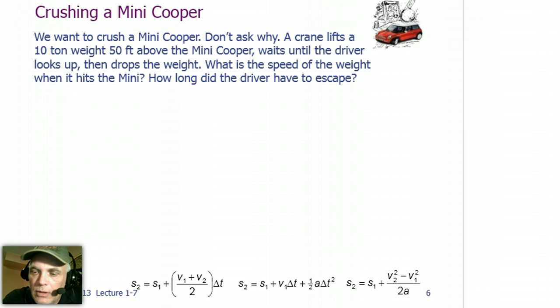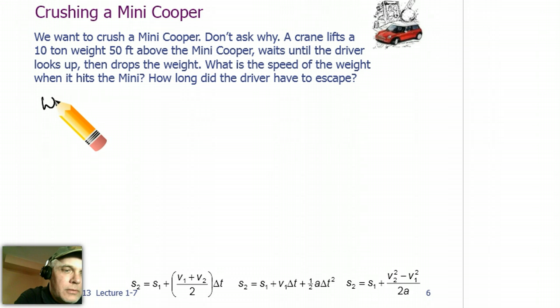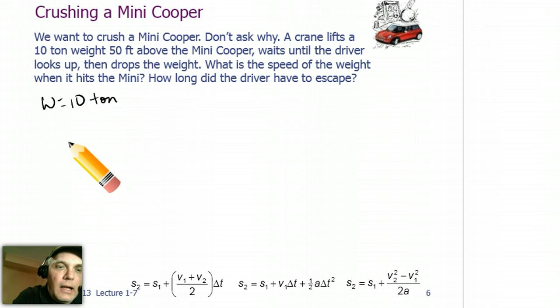So this is one of our goofy word problems, and we want to filter through all the words and figure out what we're given and how to solve for the unknown. It's going to turn out to be a pretty easy problem. We'll write the weight, since we're given 10 tons, and 50 feet. Let's draw a little picture.